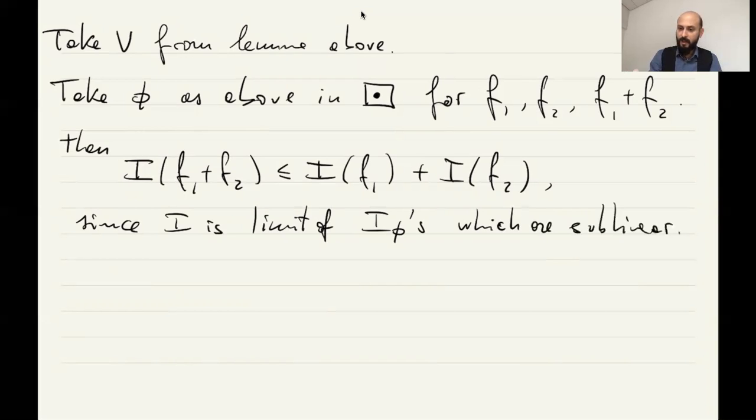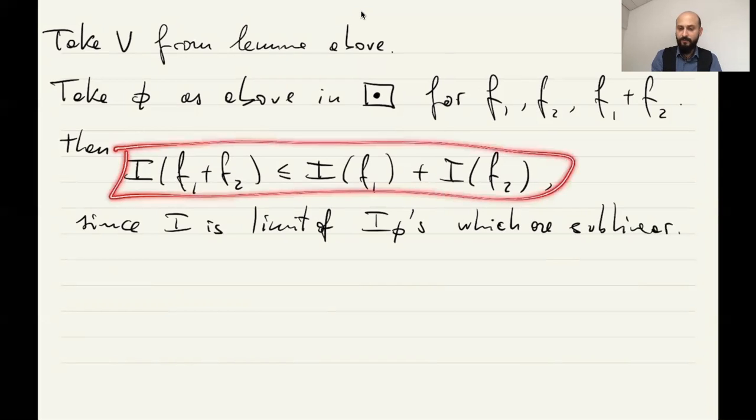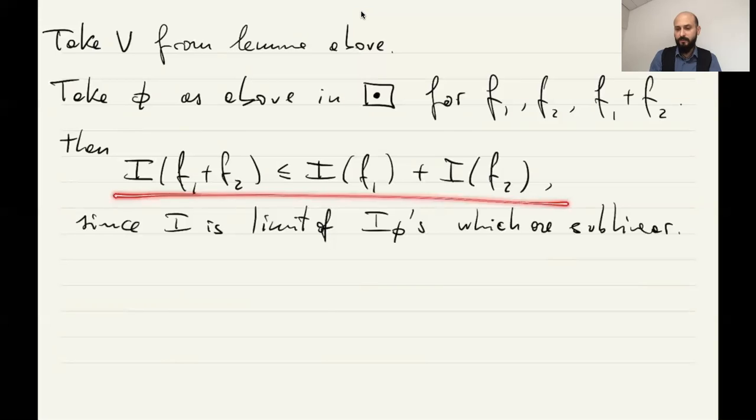So we are getting this for every I phi, so we will get it for I as well.